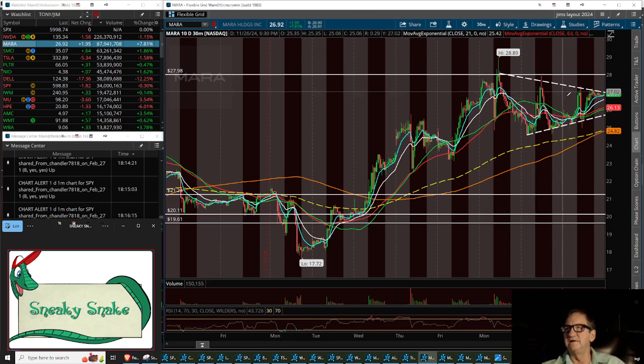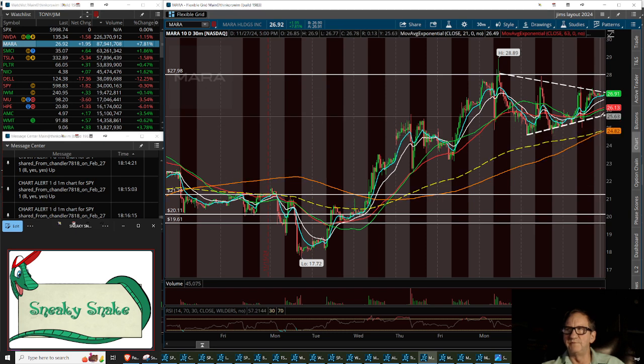Now, if we decide to get a pullback, it's wanting to squeeze, and it could break out to 28. If it doesn't break that trend line and starts to pull back, we could almost count on it hitting the bottom of this triangle, and if that holds, the next time up. But it could also be ready to break out. Then I'm always looking at the moving averages.